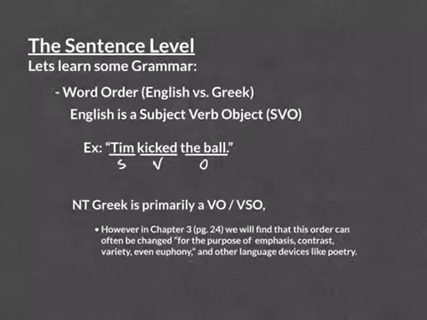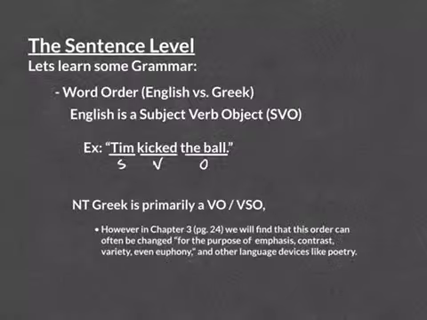So when you have this verb, object or verb, subject, object in mind, and then when you are translating you see something out of place, something's not in this order, it's for a couple of different reasons, which we'll learn later. It could be for emphasis, contrasting items, showing verity.